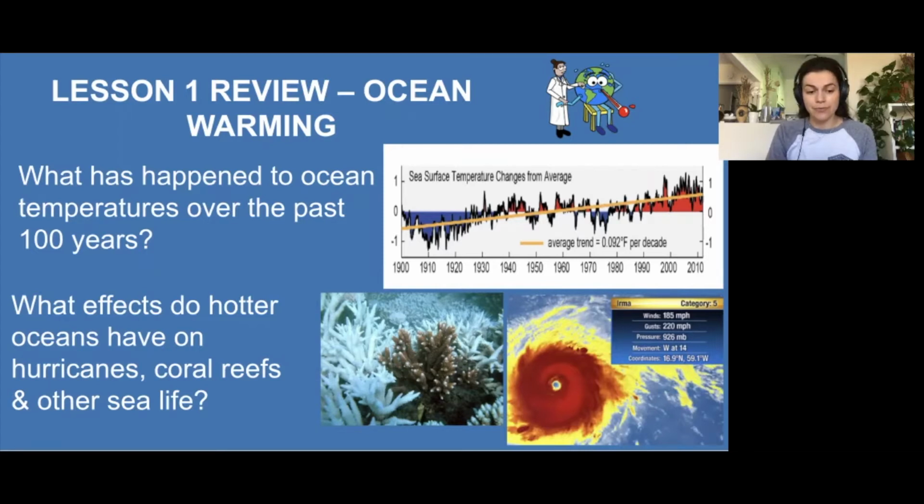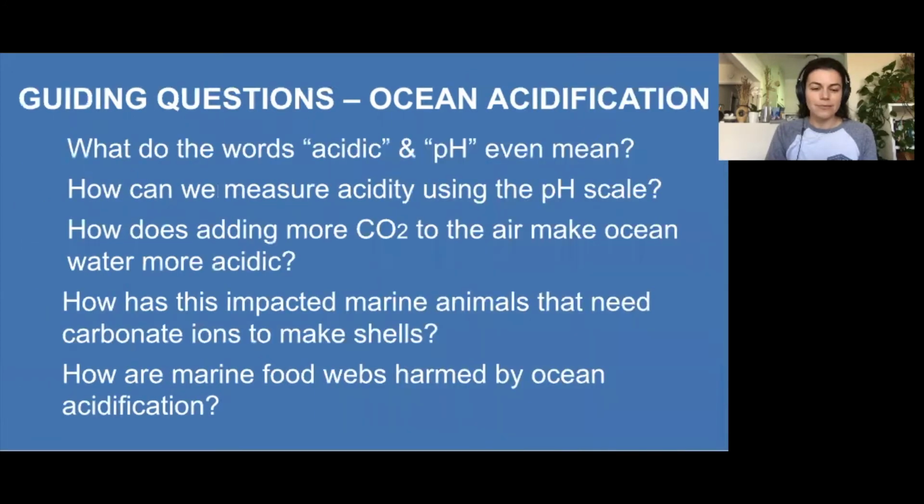The warming temperatures of the ocean have made hurricanes stronger and have affected the health of coral reefs and other sea life. Today, we're going to learn about how the absorption of carbon dioxide by ocean water causes the ocean to be more acidic. So the questions that will guide us today: we'll learn what the words acidic and pH even mean. We'll learn how we can measure acidity using the pH scale.